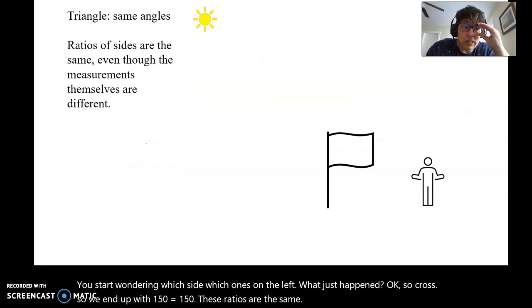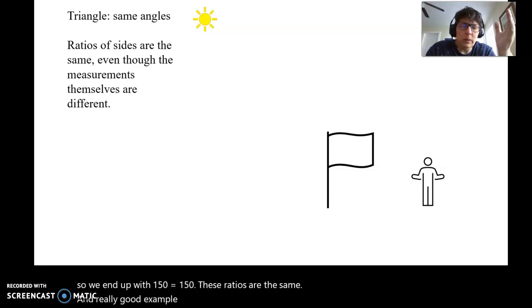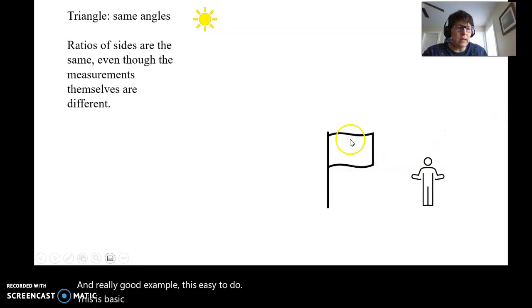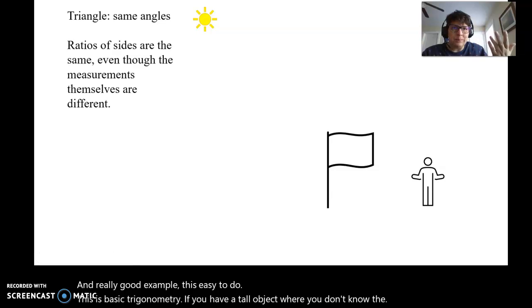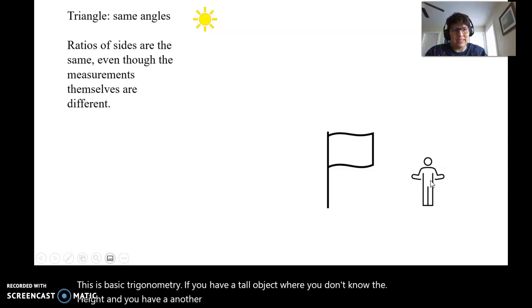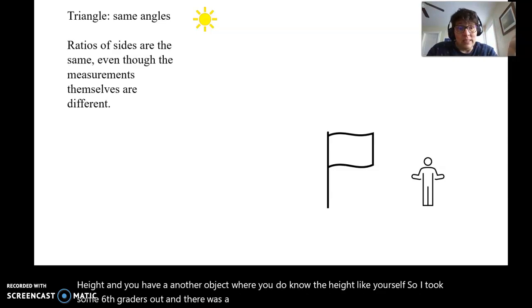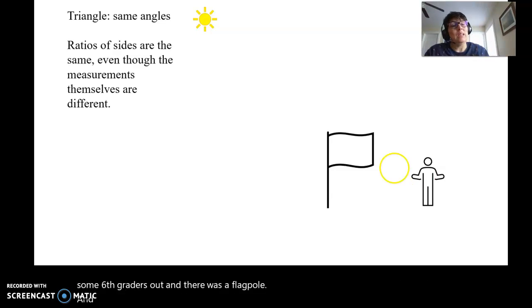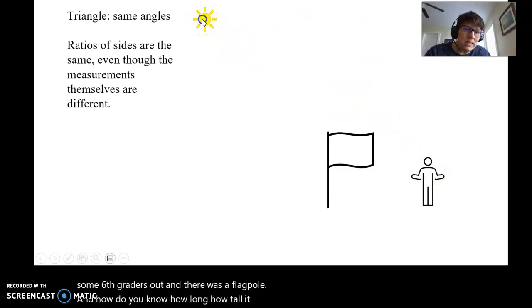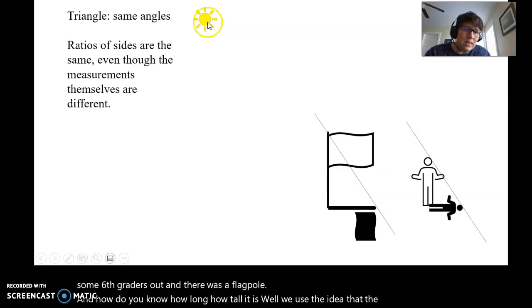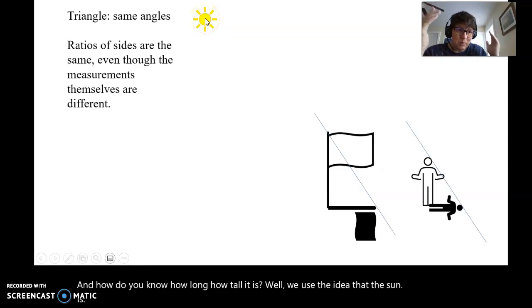And a really good example of this, easy to do. This is basic trigonometry. If you have a tall object where you don't know the height, and you have another object where you do know the height, like yourself. So I took some 6th graders out, and there was a flagpole, and how do you know how tall it is? Well, we use the idea that the sun is going to provide the same angles.